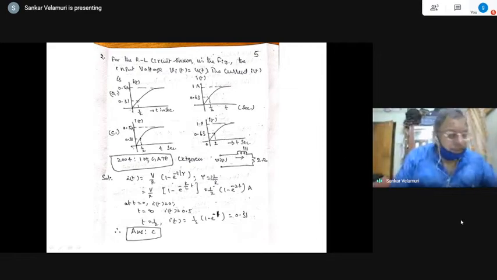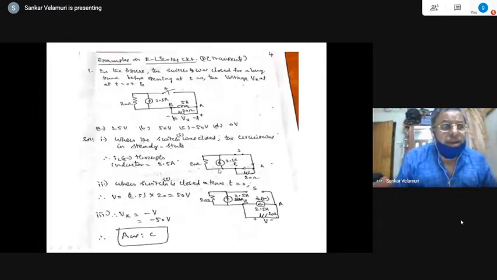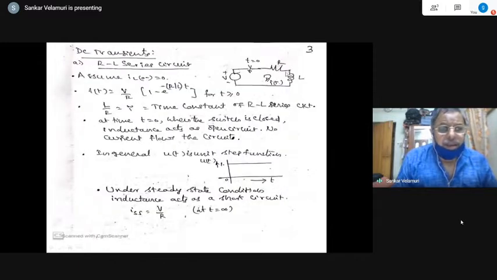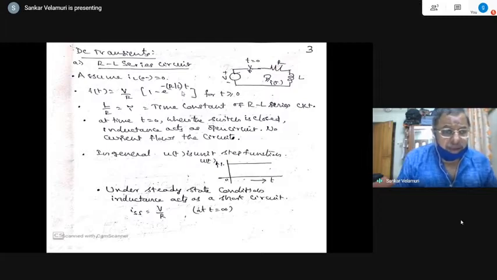So these are the 2 problems, and I think we are finished with the time. I will briefly mention for 1 minute that I tried to explain the DC transitions with respect to the Laplace variables. I started with the RL series circuit configuration, and we know i of t equals V by R into 1 minus e power minus R by L into t, where the unit step function is DC voltage only.